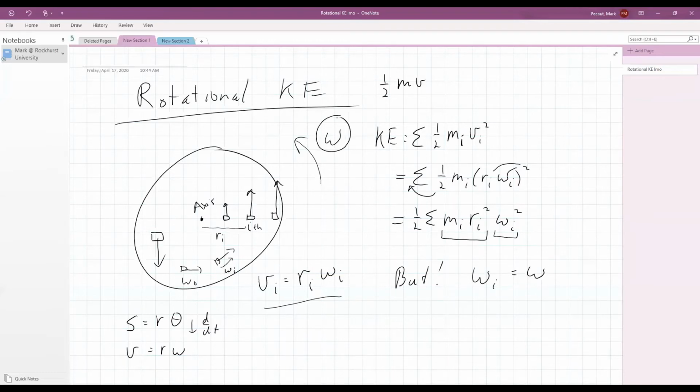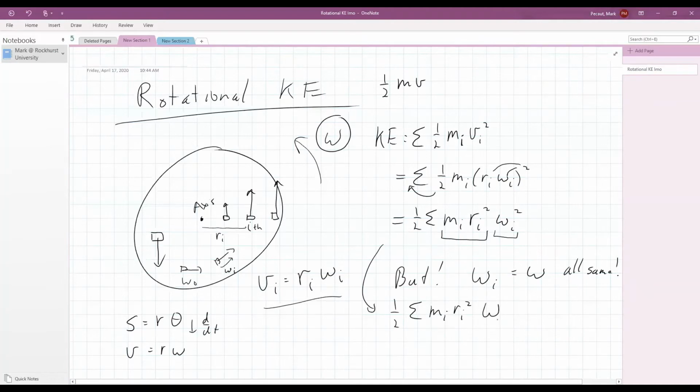It's the same omega. That was one of the main advantages of using omega, because when you have a rotating object, the velocities are all different, but the omegas are all the same. So because these are all the same, this becomes 1/2 the sum of all the m sub i's, r sub i's squared, and then this is just omega.